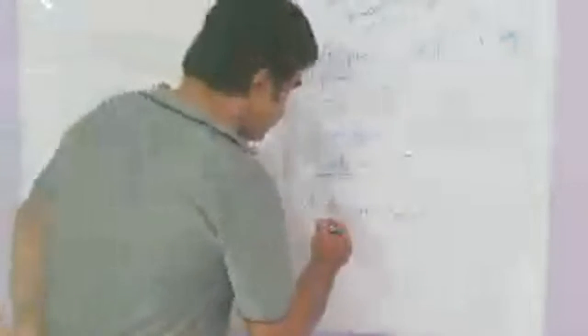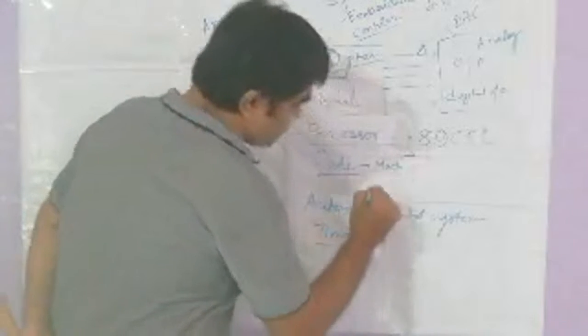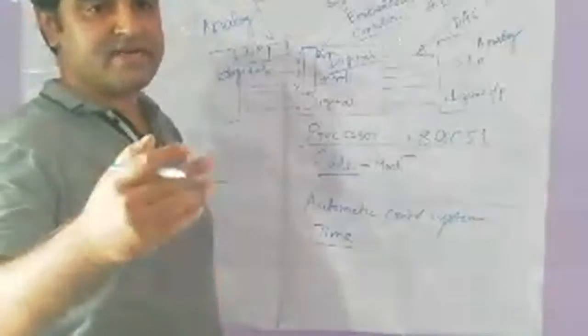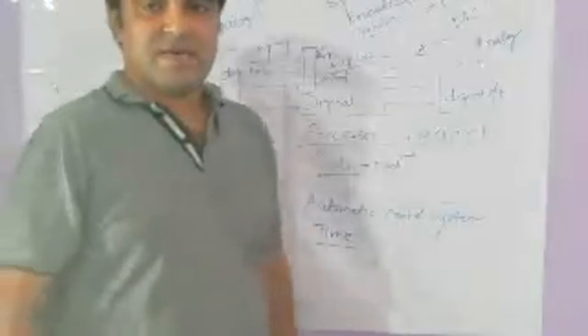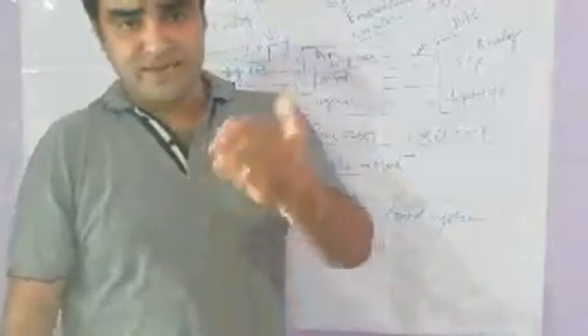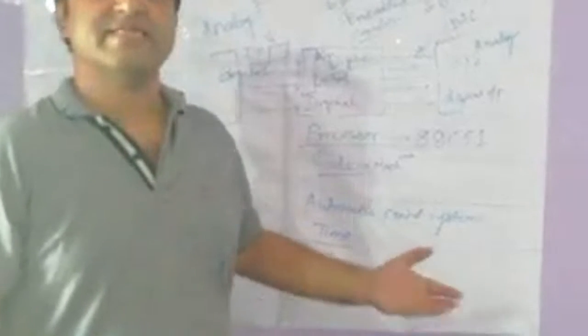So time is required to process the data and to generate the desired output. This time is a vital part of any embedded system. If it takes more time, it means a delayed system.